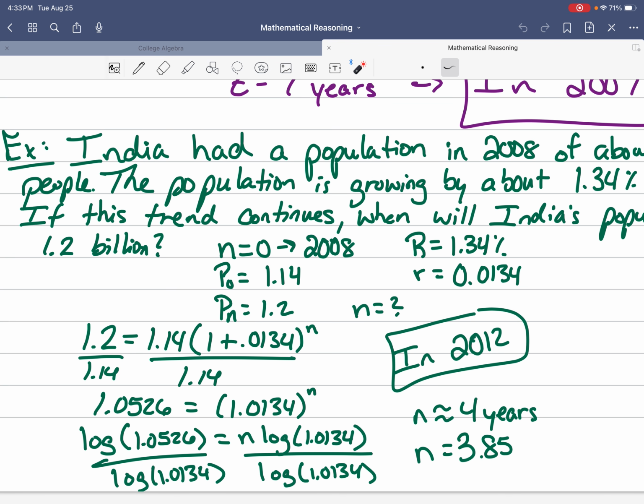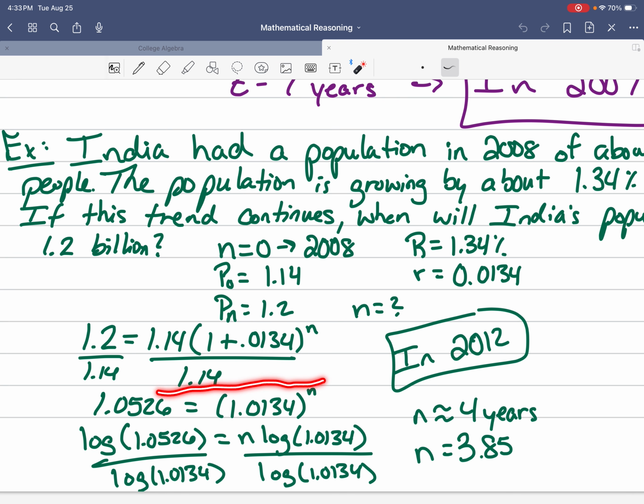We are wanting to take this here and we're wanting to get the variable by itself like we've been doing in the previous examples. So we're going to divide both sides by this 1.14. 1.2 divided by 1.14 is 1.0526. That is going to equal 1.0134 to the power of n, because we just added these two together to get this.